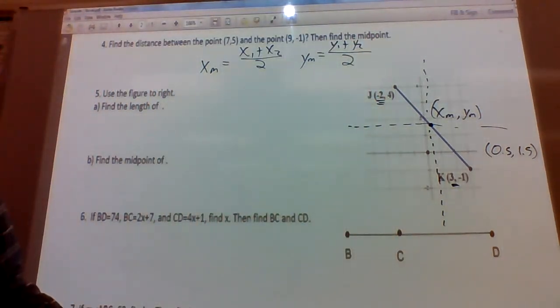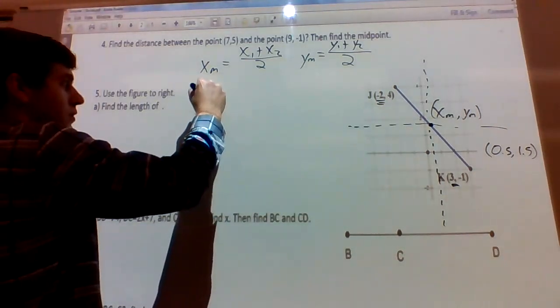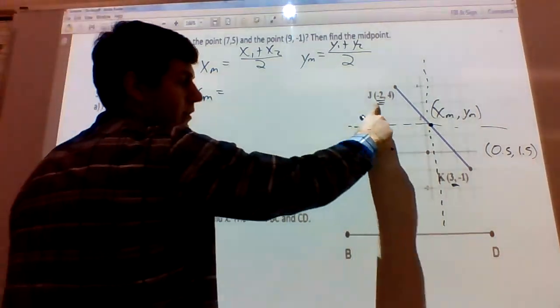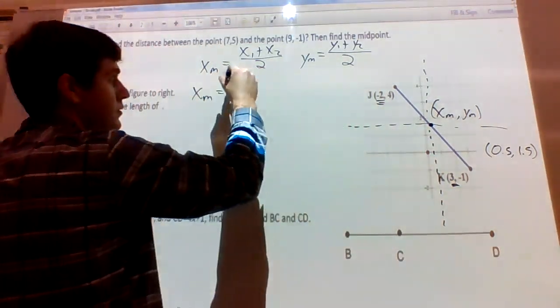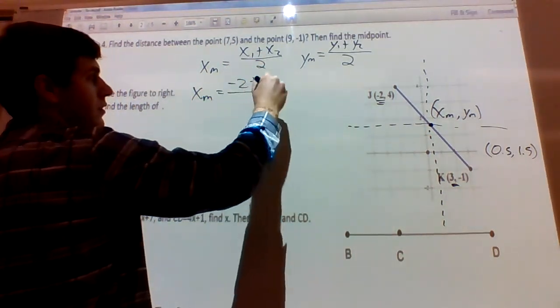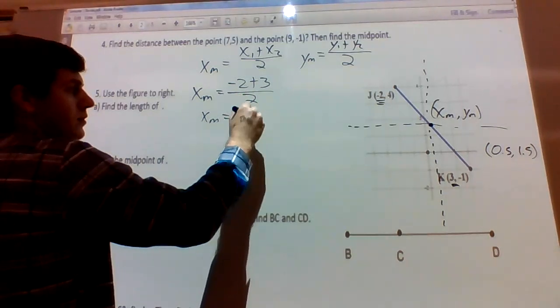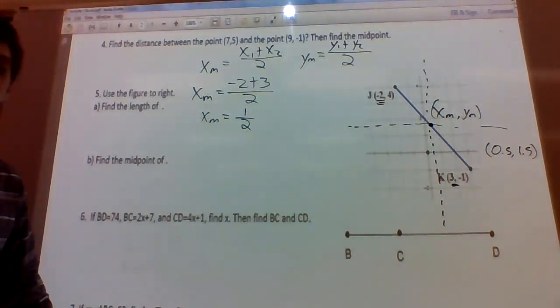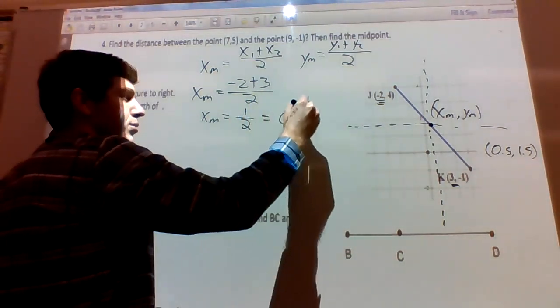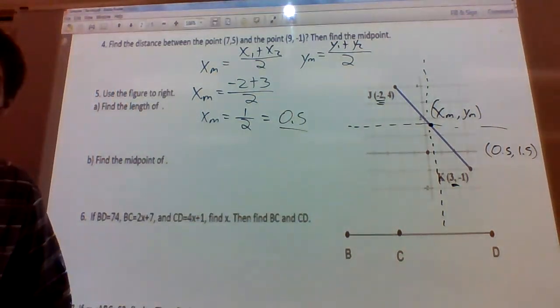Okay. What are the 2 x values? Well, the 2 x values are -2 and 3. -2 plus 3 is 1. 1/2, which we know equals 0.5, just like we predicted.